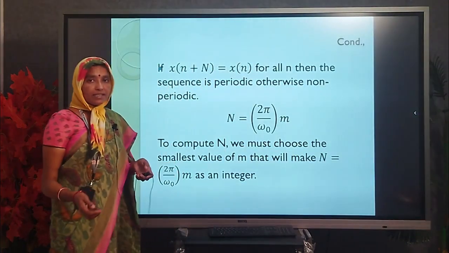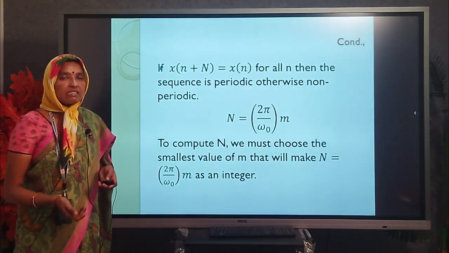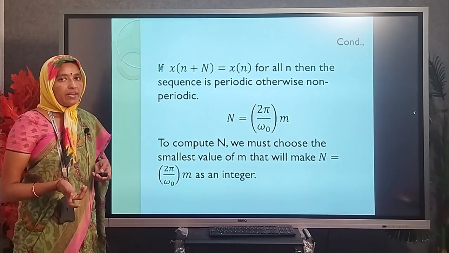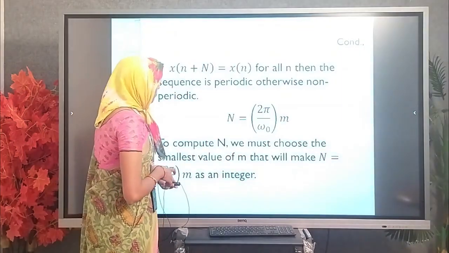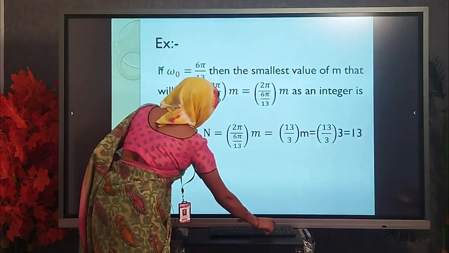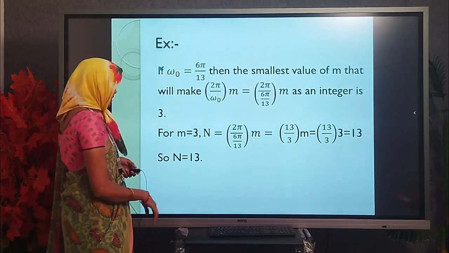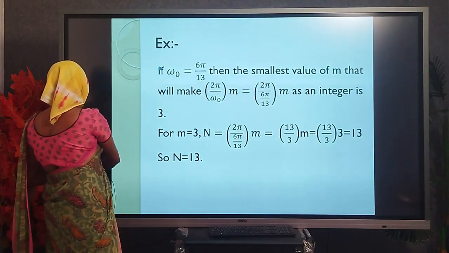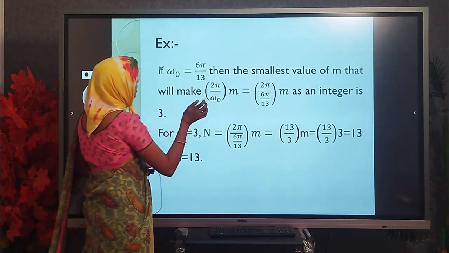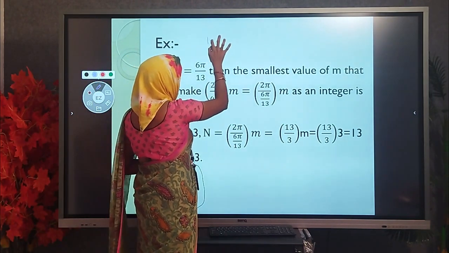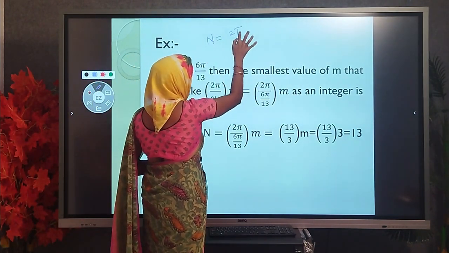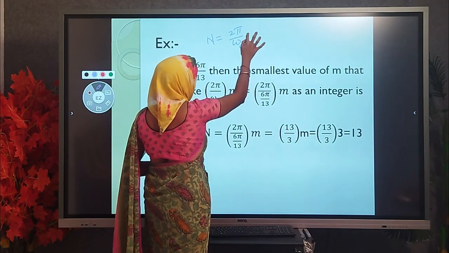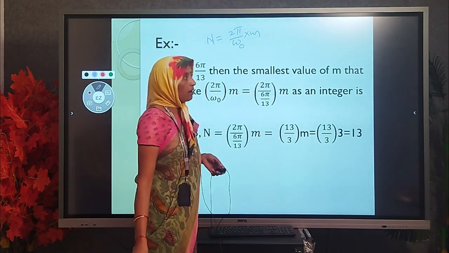So here a periodic signal repeats for every certain time period. And here how to calculate the fundamental time period? See, our fundamental time period N equals 2 pi by omega naught into one integer value m.